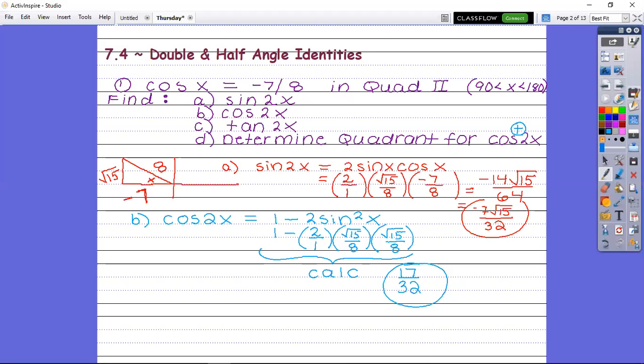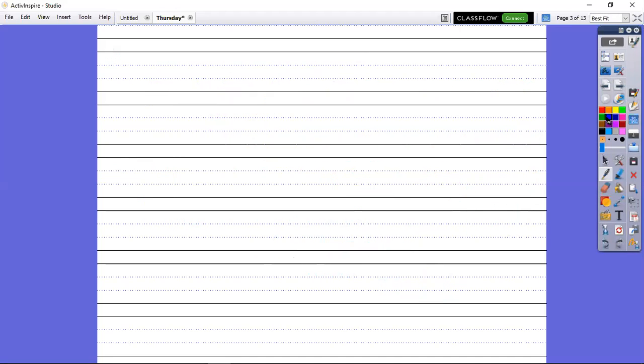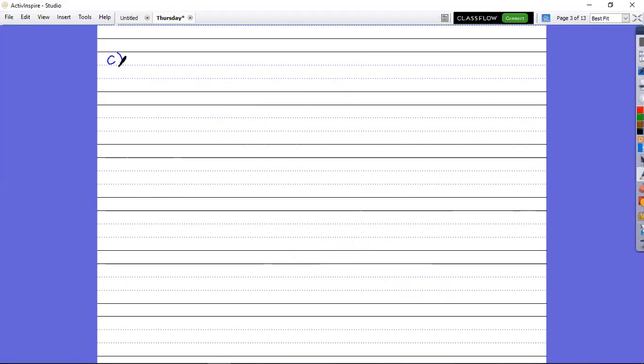All right, so letter C is next. And I wanted to do tangent of 2x. Right off your formula sheet. Tan of 2x was 2 tan x divided by 1 minus tan squared x.